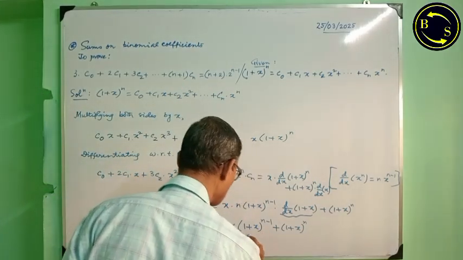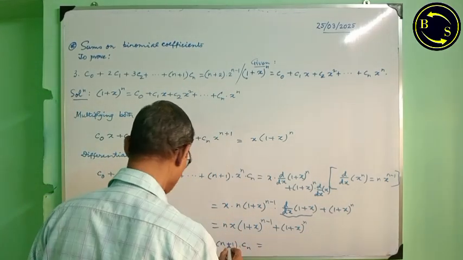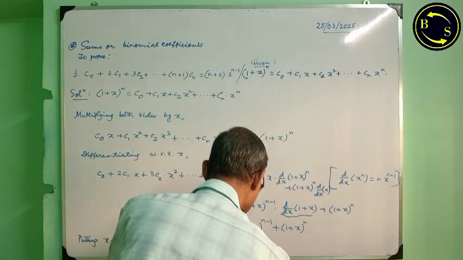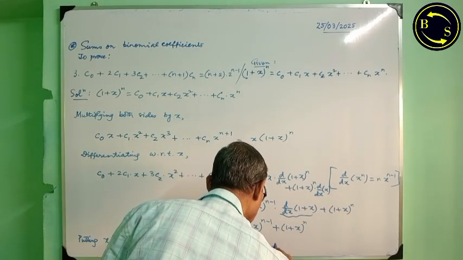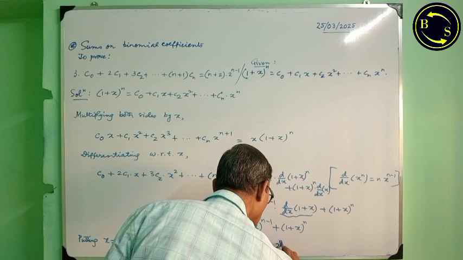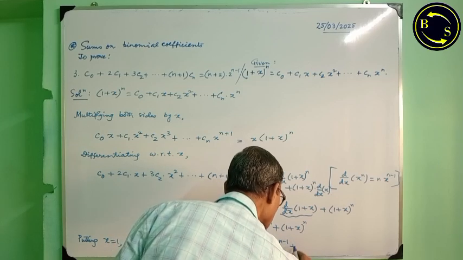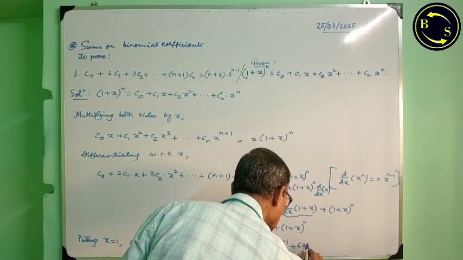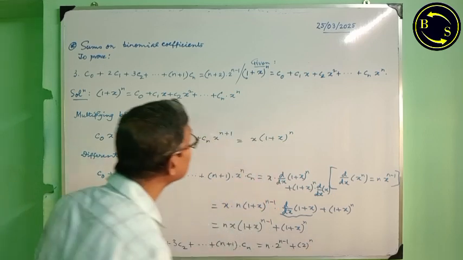And putting x equal to 1 on the right, we get n into 2 to the power n minus 1 plus 2 to the power n.